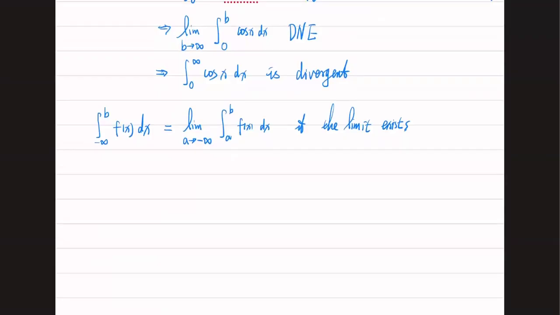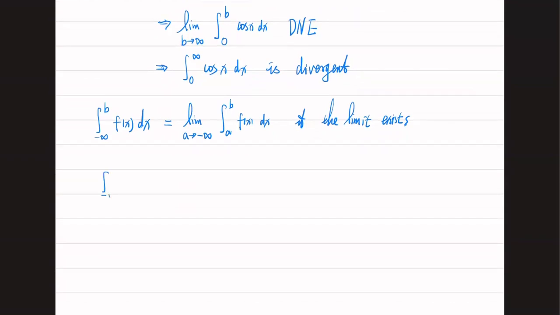With a one-sided infinite interval, and the more general case, two sides. So this we will break at an arbitrary point.